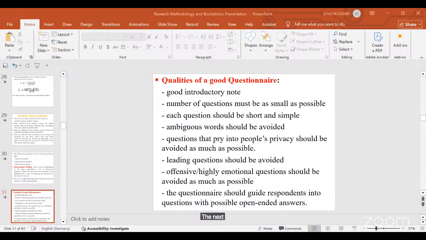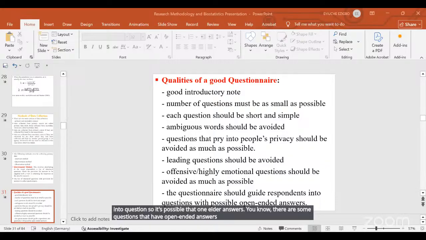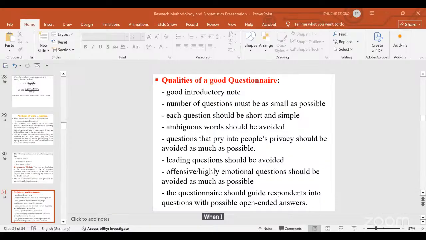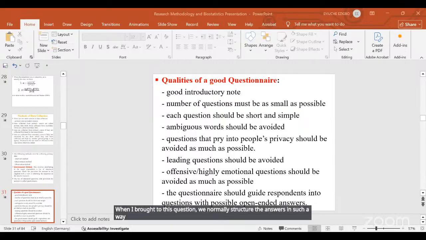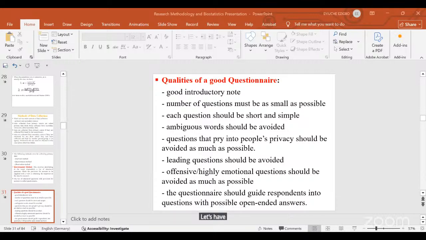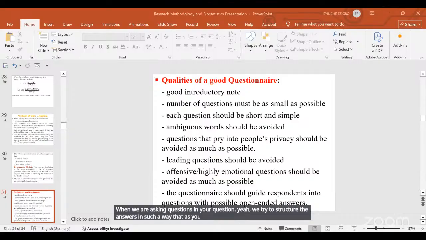The next is that the questionnaire should guide the respondents into questions with possible open-ended answers. You know, there are some questions that have open-ended answers in a questionnaire. When we are asking questions in the questionnaire, we try to structure the answers in such a way that as you read, your answers must be one of the structured responses.